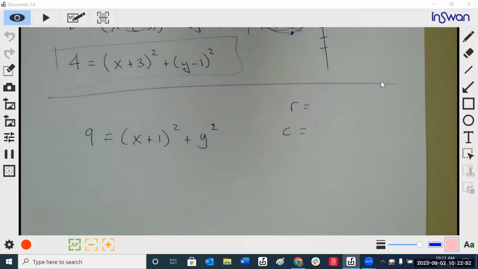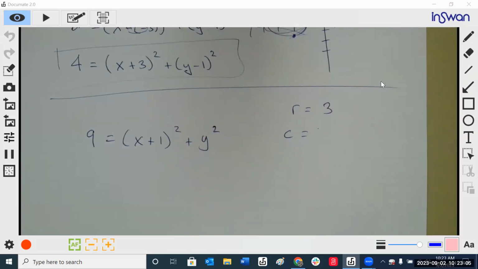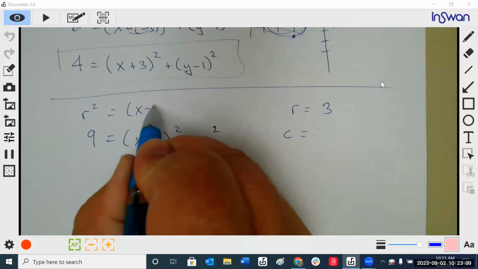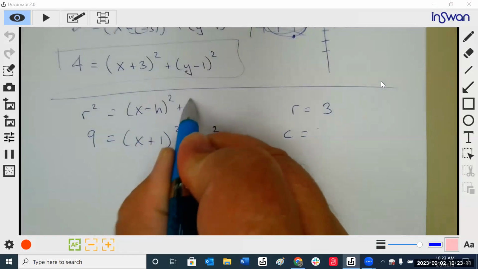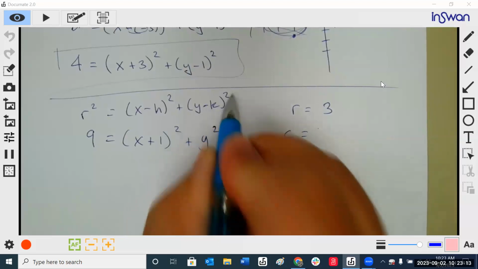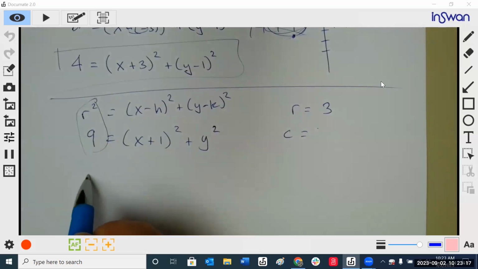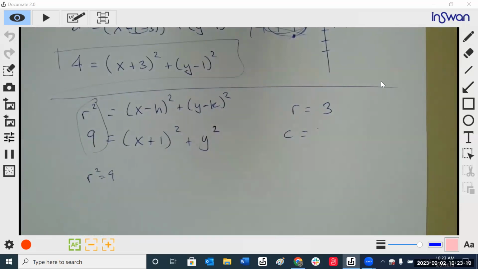Okay, I give you this one. Tell me the radius and the center. Because remember, the formula is r squared equals x minus h squared plus y minus k squared. So r squared, this number is 9.